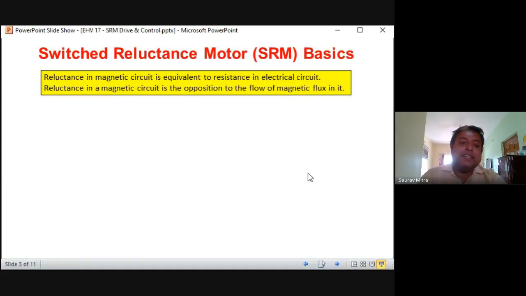In the case of a magnetic circuit, the same thing happens. Whichever path has less reluctance, the flux lines would try to follow that path. Reluctance is the same as magnetic resistance. So the flow is magnetic flux in a magnetic circuit, and in an electric circuit it is the flow of electrons. Opposition to the electron flow is called resistance. Opposition to the magnetic flux flow is called reluctance.